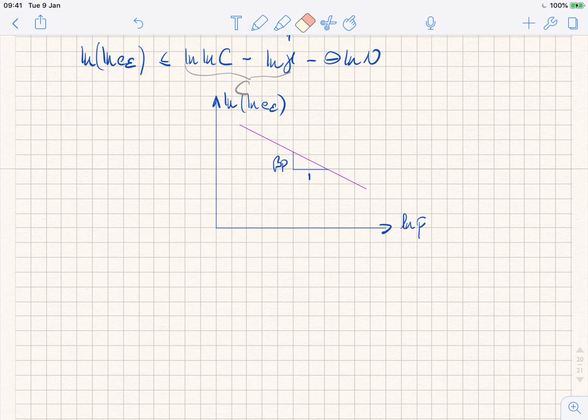And in abscissas I have the natural log of n, and now I get again a line which has negative slope, and the rate of convergence there, let's say, is theta.